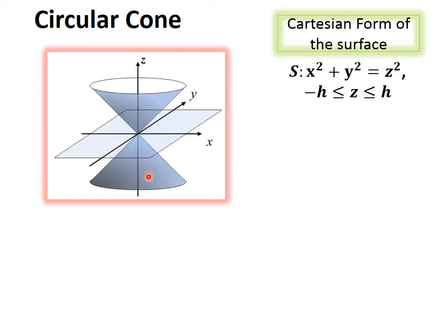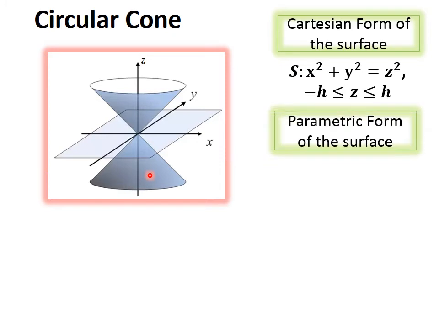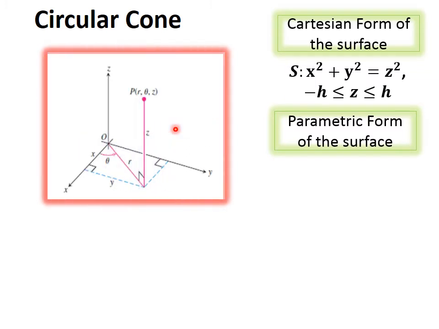Two-sided cone. This is your xy plane. We have a point circle and it is varying from minus h to plus h. How to represent this surface in the parametric form? Here also, this surface has angular variation as well as height variation. Whenever we have angular and height variation, we prefer the coordinate transformation, cylindrical coordinates.